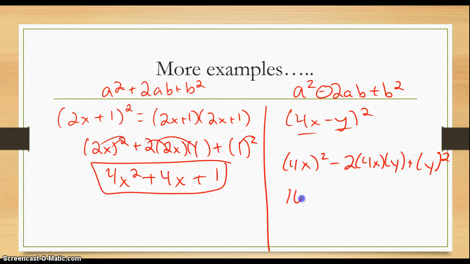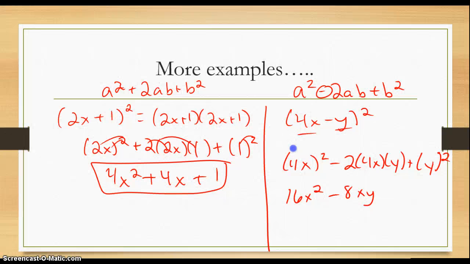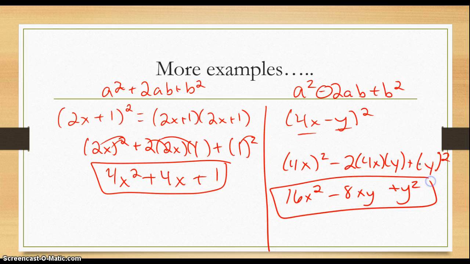Okay, so we have 16x squared minus 8xy plus y squared. There you go. All right. So it's very important that it's just repetition and just practicing. Okay, using that special formula.